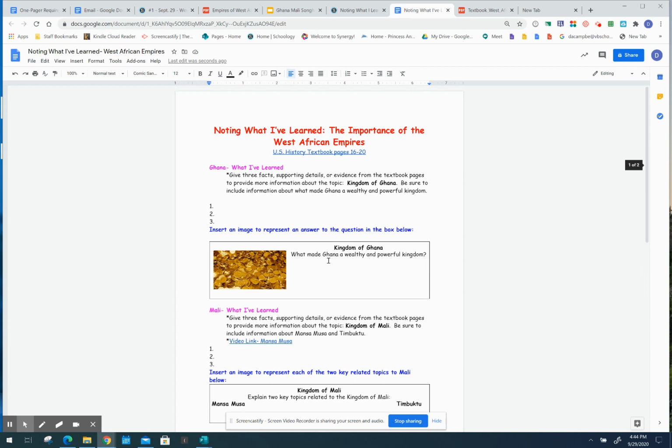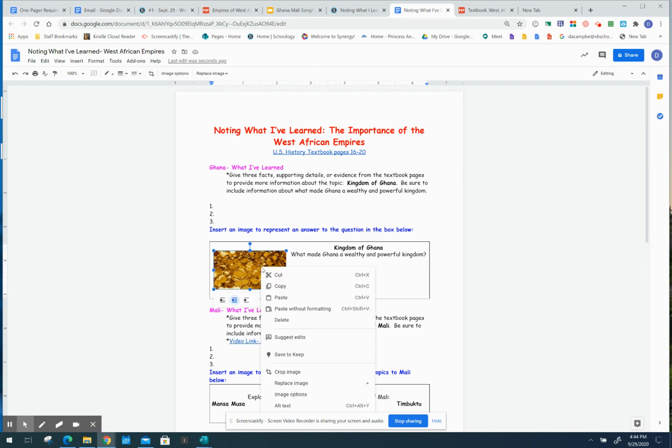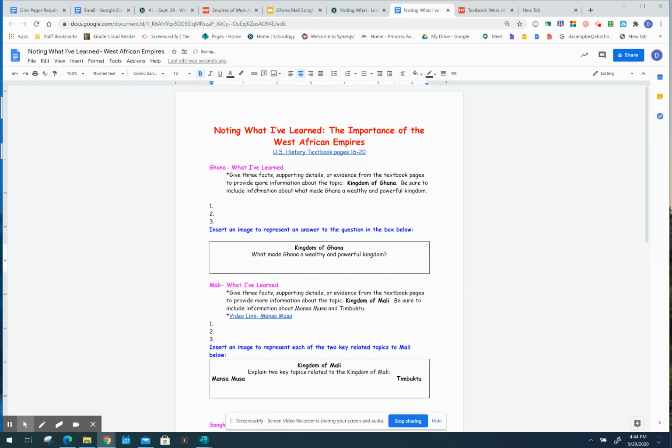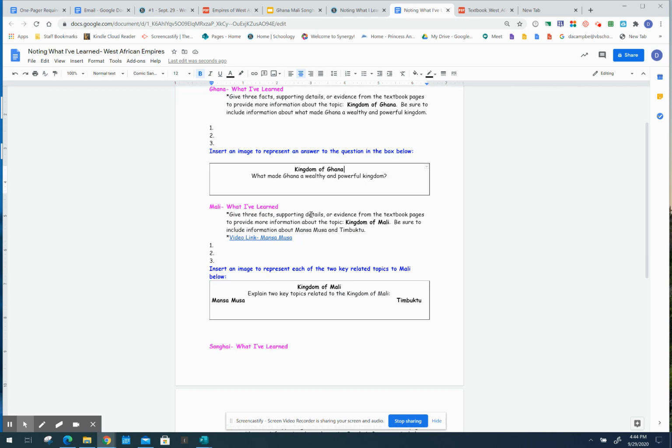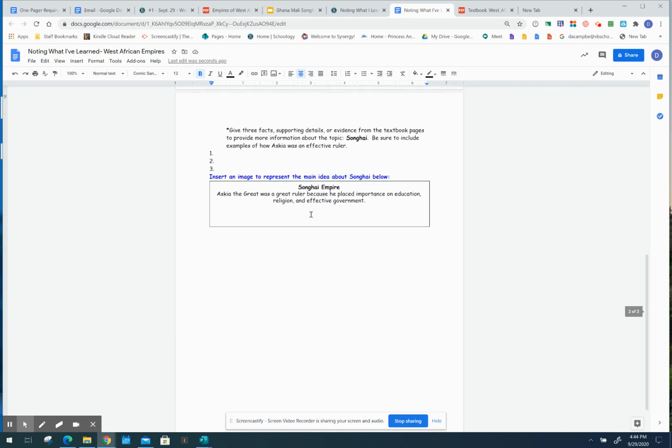So don't forget, you are adding images and listing or writing 3 supporting details. That doesn't mean 3 words total. 3 supporting details that give more information about each of these 3 empires.